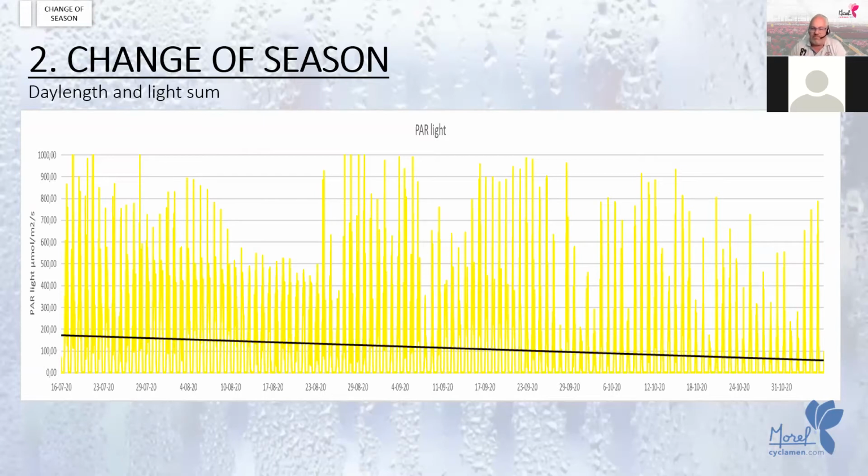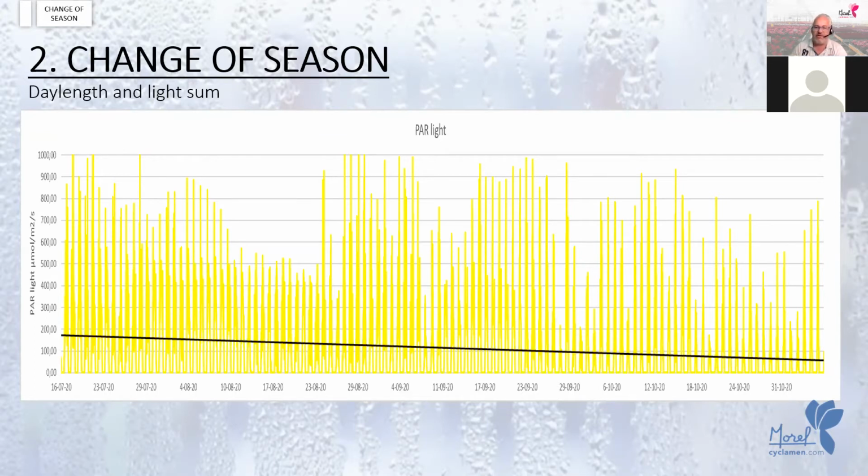So as you can see here, up to mid-August, there has been a lot of sunshine, and then in mid-August, the mobile screens came over a big part of the day. That's why you see a little bit of a drop in the yellow line here. In this example, you can also see that the light level has been quite high up until the middle of September.